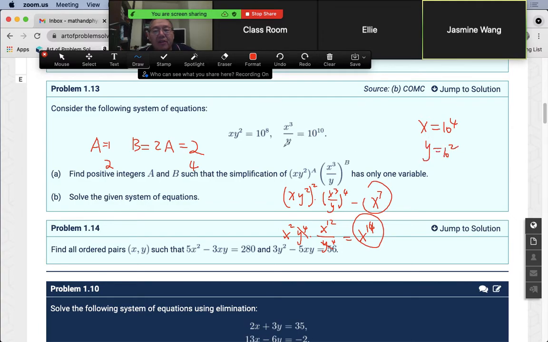I just get y equals x power 3 over 10 power 10 from the second equation. Then plug this into the first equation. So then I got x power 7 equals 10 power 28. So here I got x equals 10 power 4. Then plug back to here, get y equals 10 squared. So that's 100. Okay? So Jasmine, have you understood?